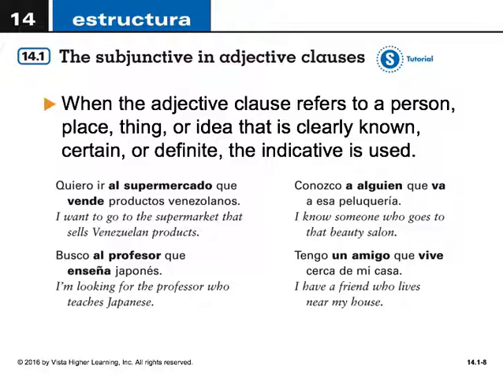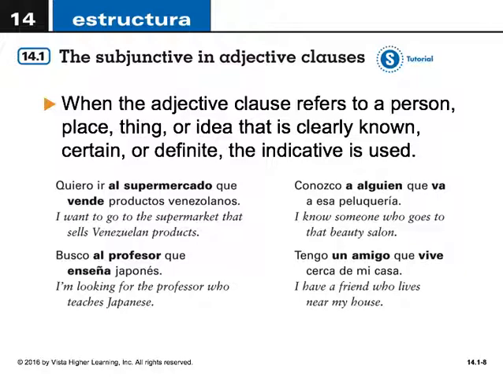When the adjective clause refers to a person, place, or thing or idea that is clearly known, certain, or definite, the indicative is used. For example, quiero ir al supermercado que vende productos venezolanos. O conozco a alguien que va a esa peluquería. O busco al profesor que enseña japonés. O tengo un amigo que vive cerca de mi casa. In all these instances, we know that these people definitely, certainly exist, right?